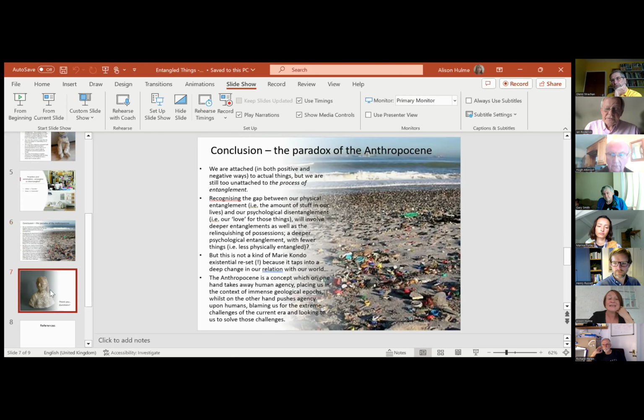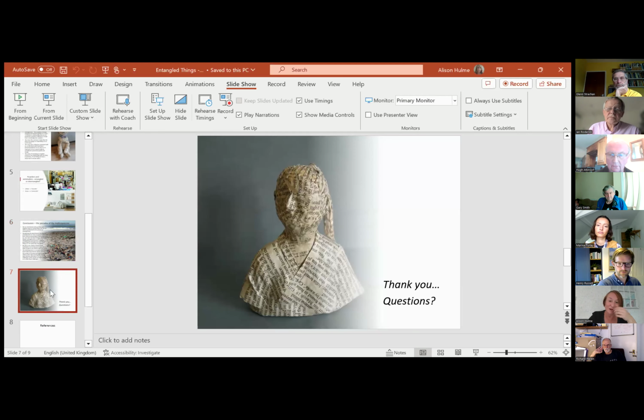I should just say that these images are by a friend of mine called James Hutchinson, and they were done by his mother while she was undergoing unsuccessful, in the end, treatment for cancer. So they are unfinished, and they are another excellent example of entangled objects because they are her closest friends.